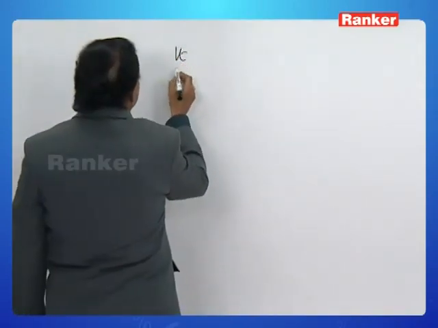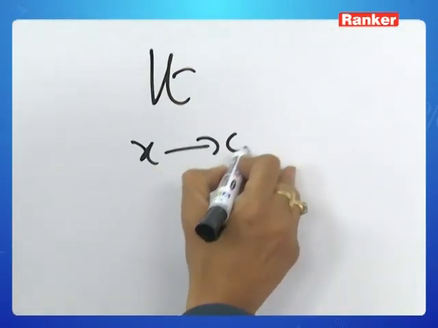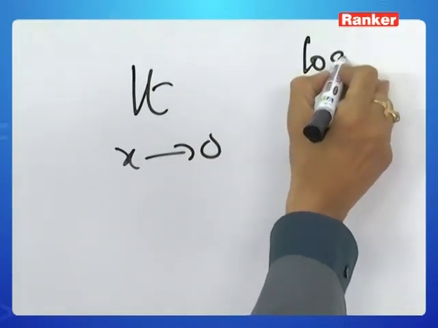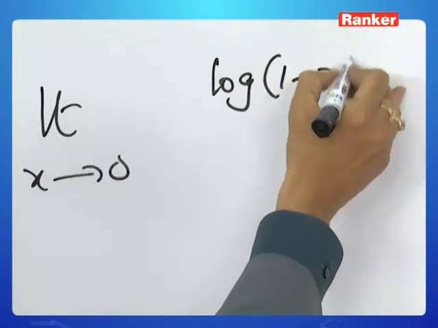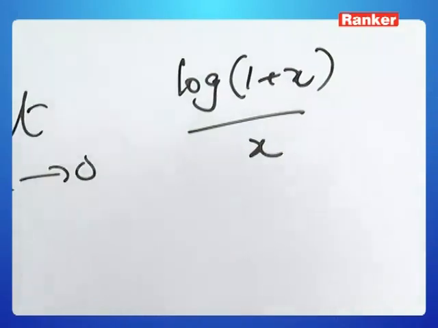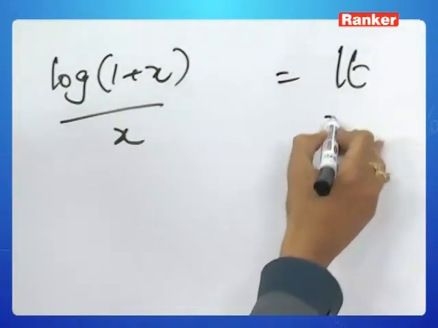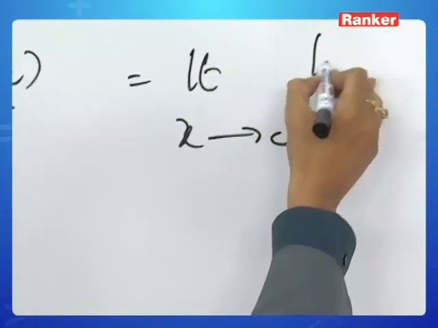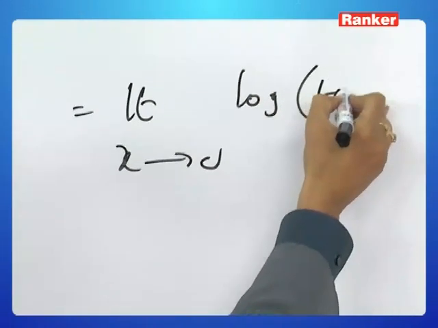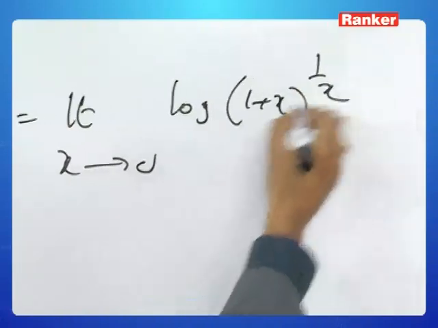One more. Limit as x tends to 0, log of 1 plus x by x. How much will it be? It can be taken as limit as x tends to 0, log of 1 plus x whole to the power of 1 by x.